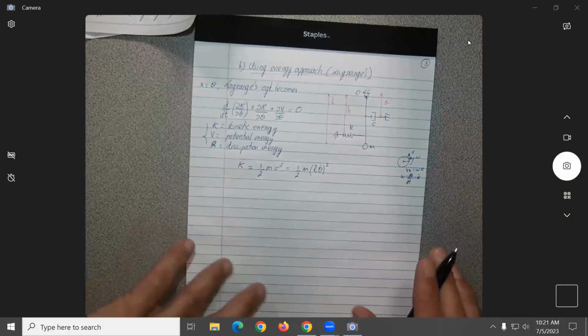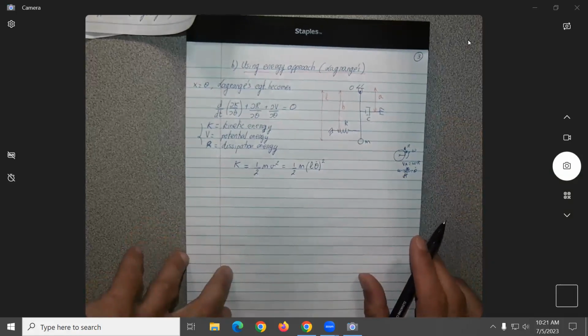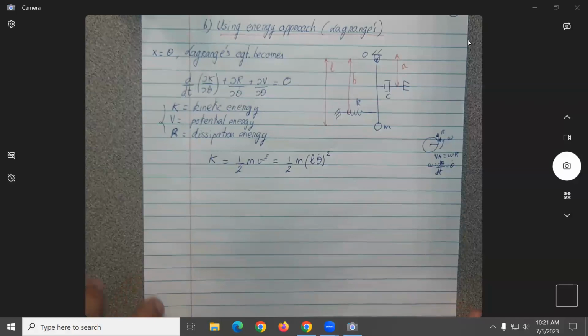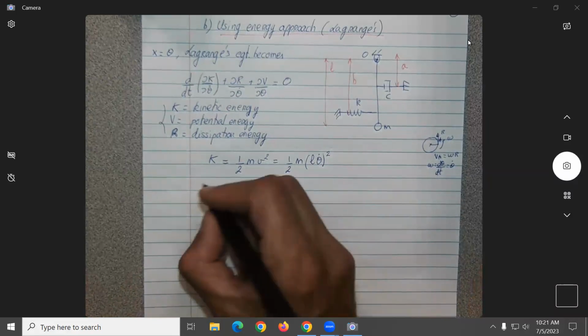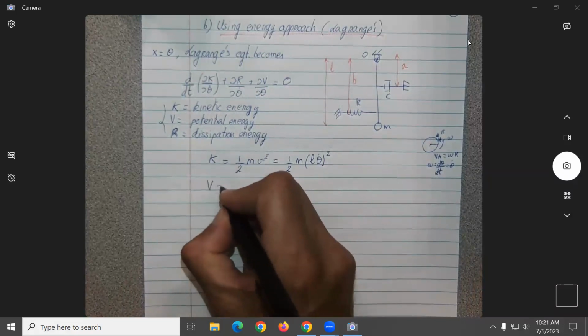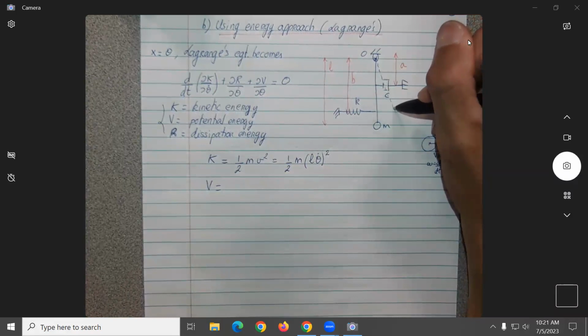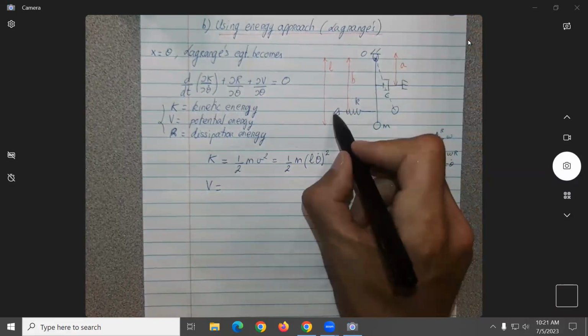Okay, I'll just give some more details. Maybe I can zoom a little bit on mine. Okay, so we know the kinetic energy. Now we did this before. This one is probably the most difficult one. What happened with the potential energy?